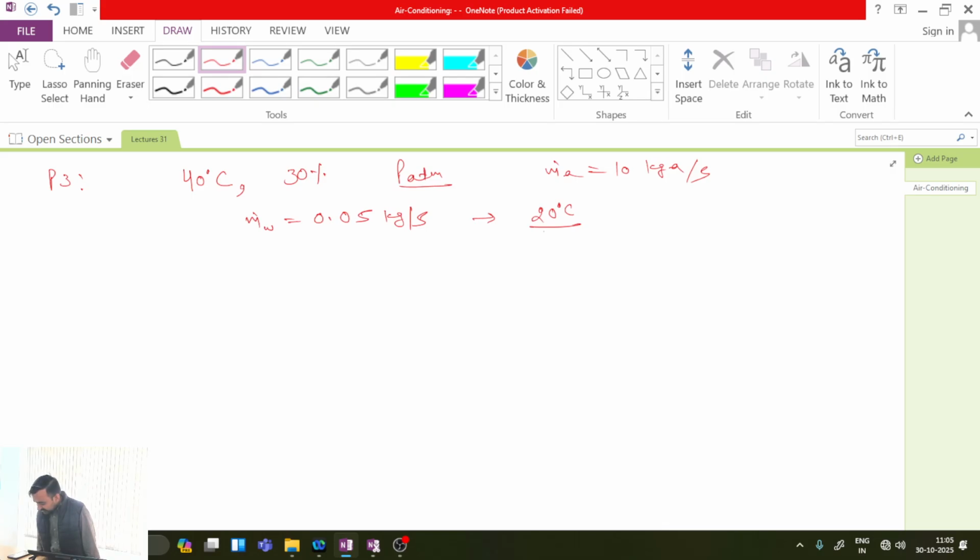And one necessary condition is given in the question that the water we have sprayed at 20 degrees Celsius at the rate of 0.05 kg per second is completely evaporating. Okay, is this point clear?